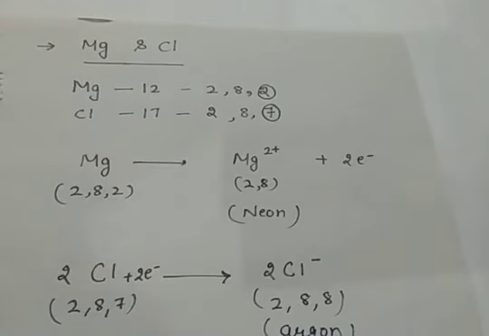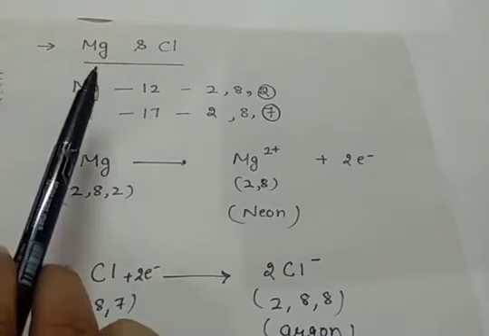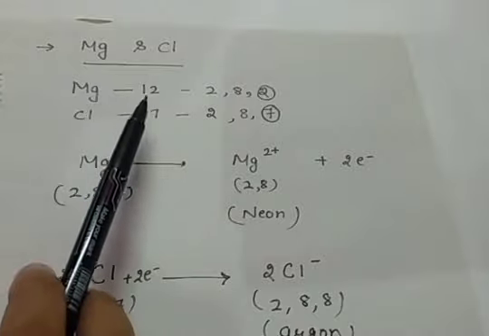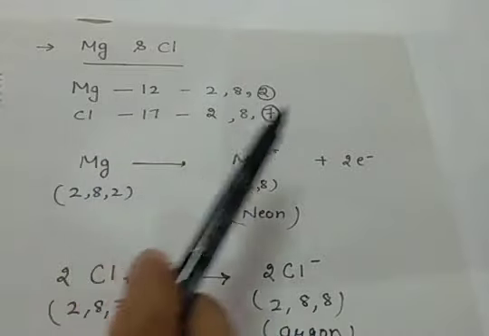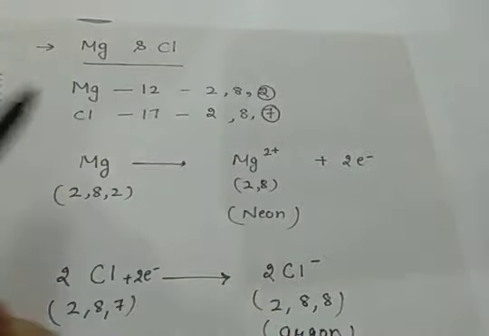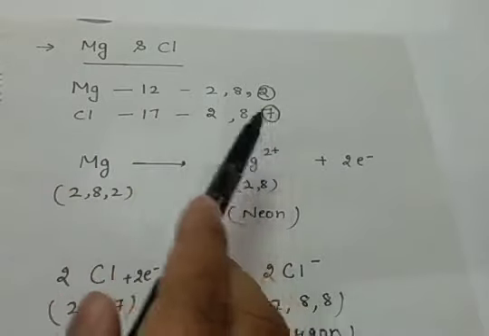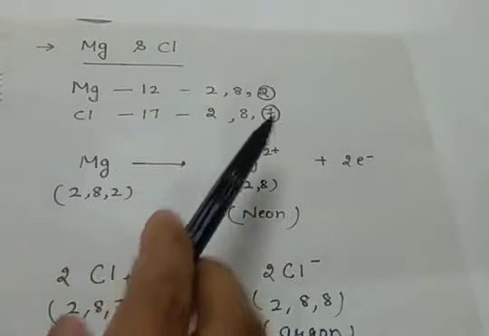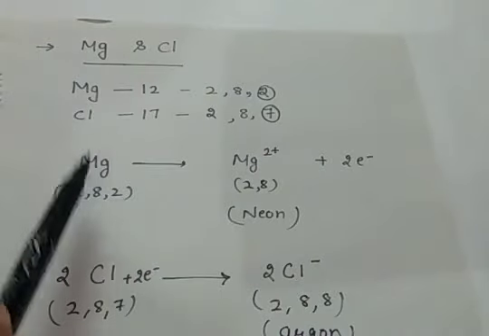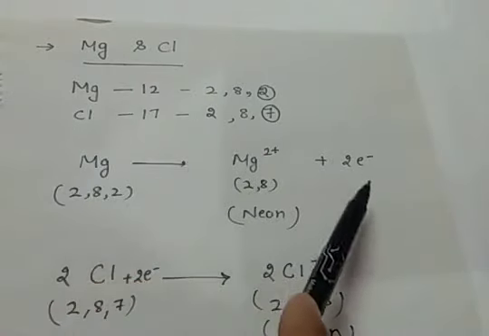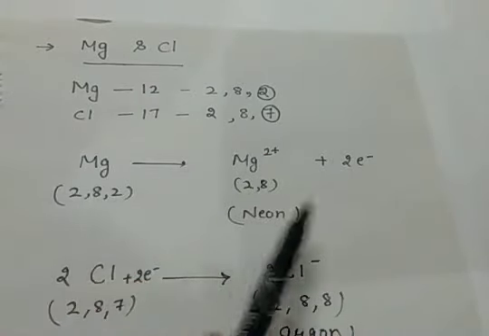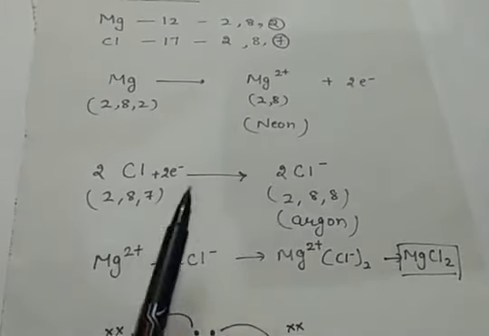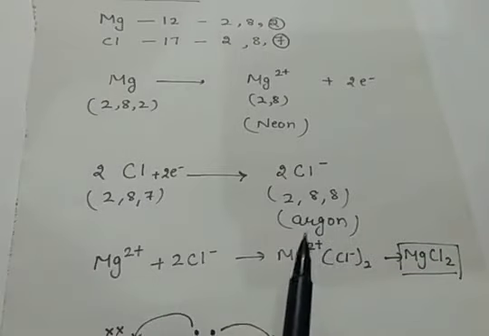Let us have another example. We have magnesium and chlorine. Magnesium has atomic number 12, 2, 8, 2 is the electronic configuration, and 2 is the valency electron. Chlorine is 17, 2, 8, 7, and 7 is the valency electron. So magnesium will give out these 2 electrons to get the neon noble gas configuration, whereas Cl will gain electrons to complete its noble gas configuration, that is argon, its nearest noble gas.